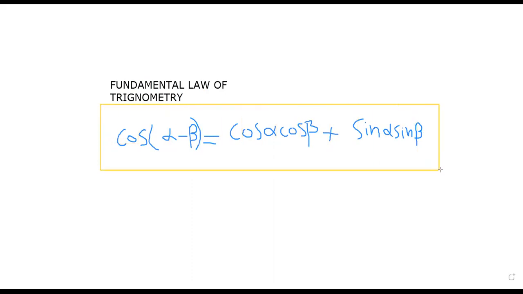This is called the fundamental law of trigonometry.